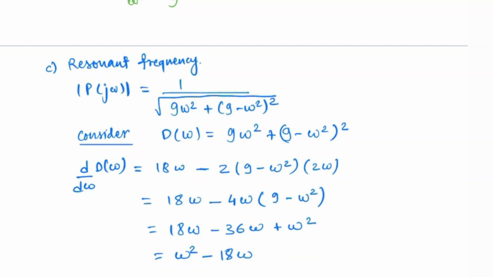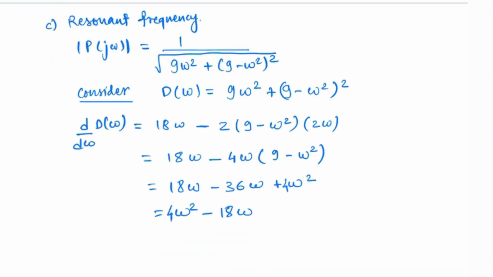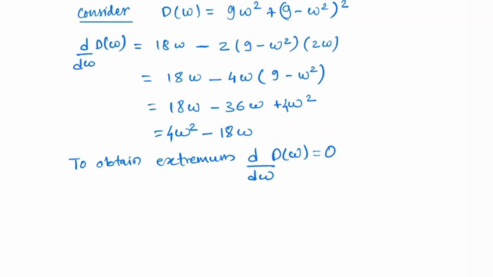So if we want this to be 0, so to obtain an extremum, this derivative of d omega with respect to omega should be 0.